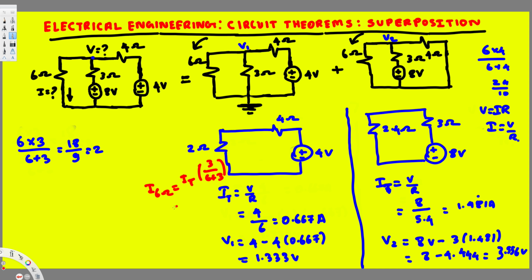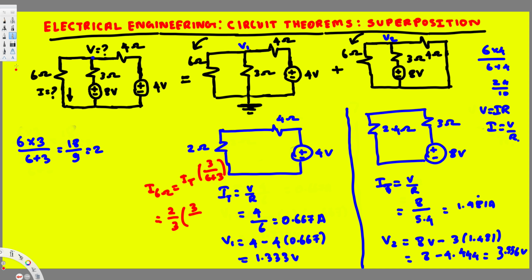Now we have this one, and IT, we found out this total is 2 over 3, right? 4 over 6, that's 2 over 3. Instead of writing 0.667, we can put 2 over 3, and then we can multiply by this, that's going to be 3 over 9.